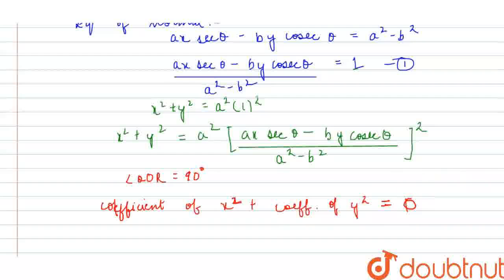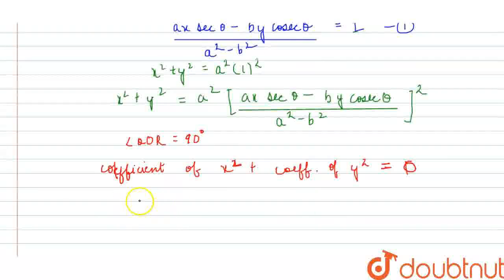Now proceeding further, if I'm applying this condition, what is the coefficient of x square? From here I can find that it is 1 minus a raised to the power 4 secant square theta upon a square minus b square. This is because this is 1 x square, and there also by taking the square it will be x square. So this coefficient and this coefficient, I'm combining together.